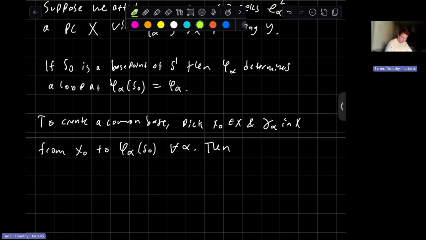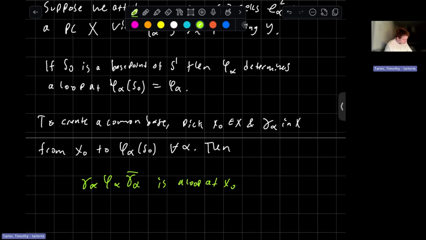Then gamma_alpha, phi_alpha, reverse gamma_alpha is a loop at x_0.